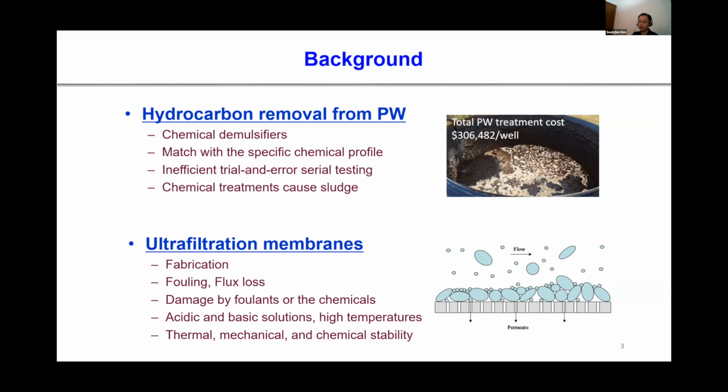Fouling can also damage the membrane, and then there is a need to use chemicals for cleaning, which can also damage membranes. So membranes eventually need to be replaced around every 5 to 7 years. Therefore, there is a need for thermally, chemically, and mechanically stable membranes.